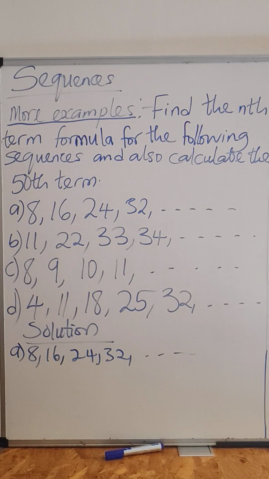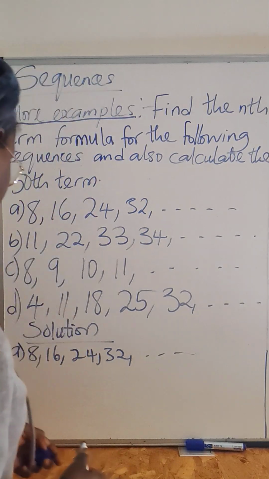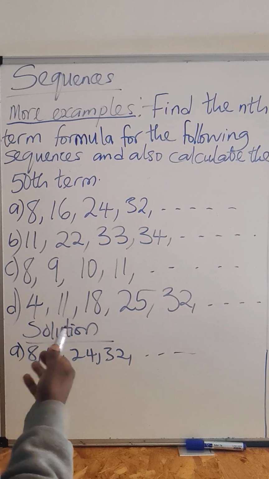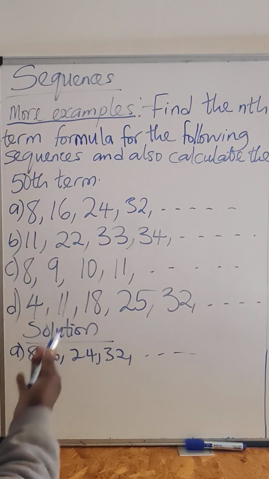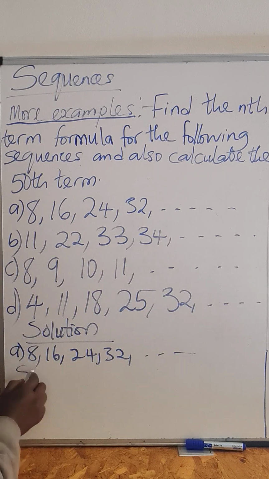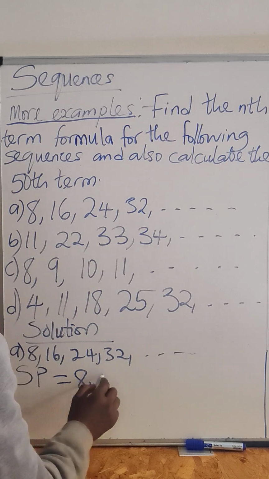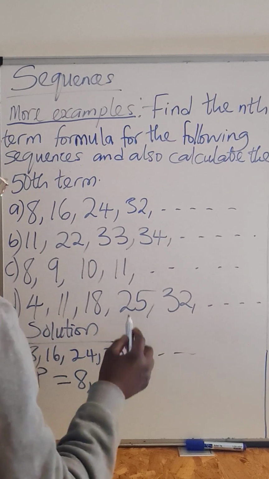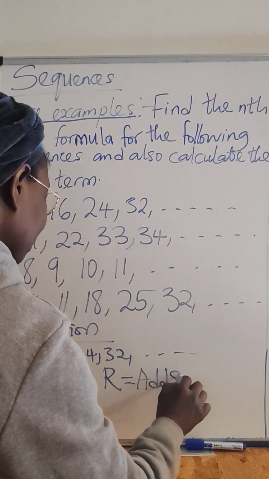Okay, so if we look at this sequence very well, we discover the connection, which is the rule between the term is add 8. When you add 8, you produce the subsequent term. So the first term, which is the starting point, is 8. And the rule, which is the relationship between the term, is add 8.